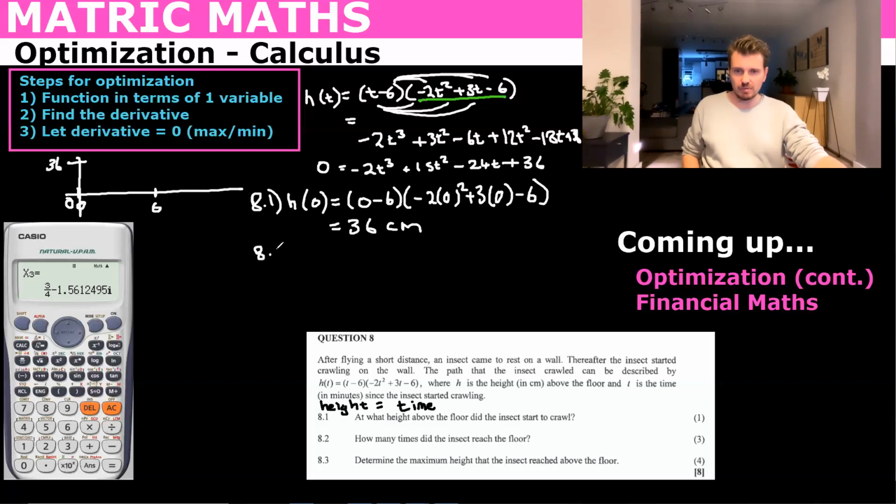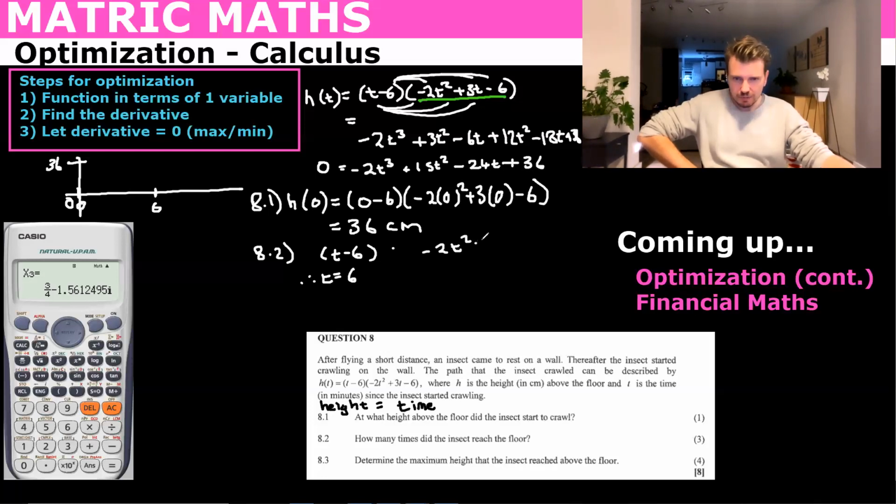So 8.2, I know the answer is 1, and it's at 6, but I first have to just show it. So I say t minus 6, therefore t equals 6. And now negative 2t squared plus 3t.